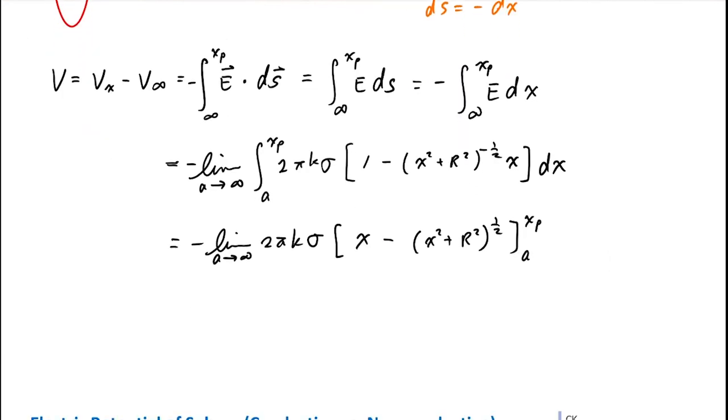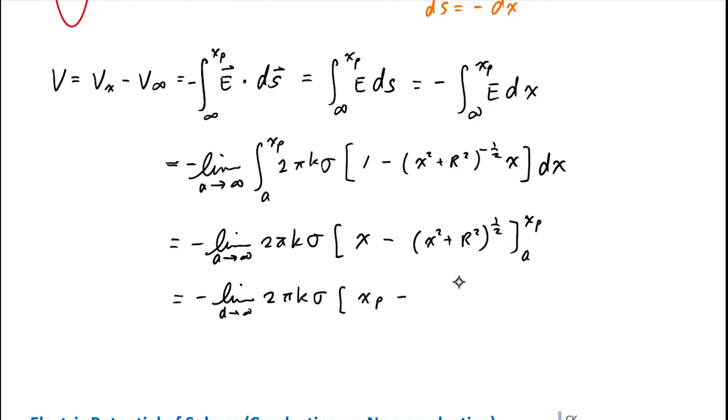Now we substitute. So we have negative limit of a approaching infinity of 2 pi k sigma, and this becomes xp, right?